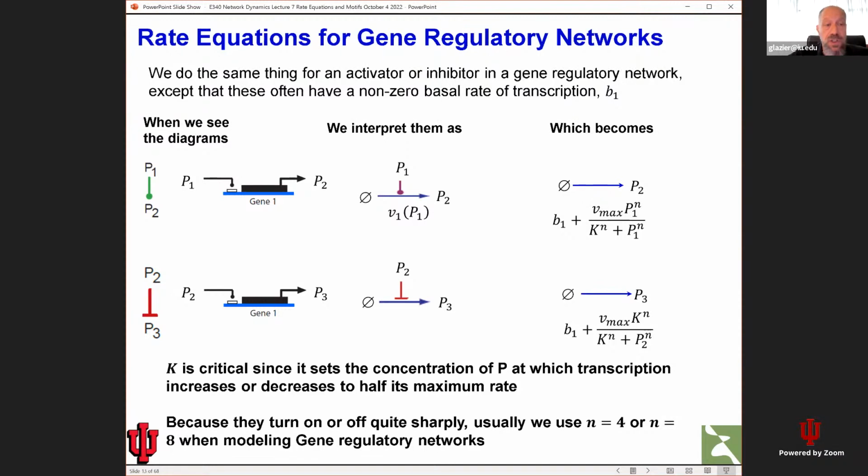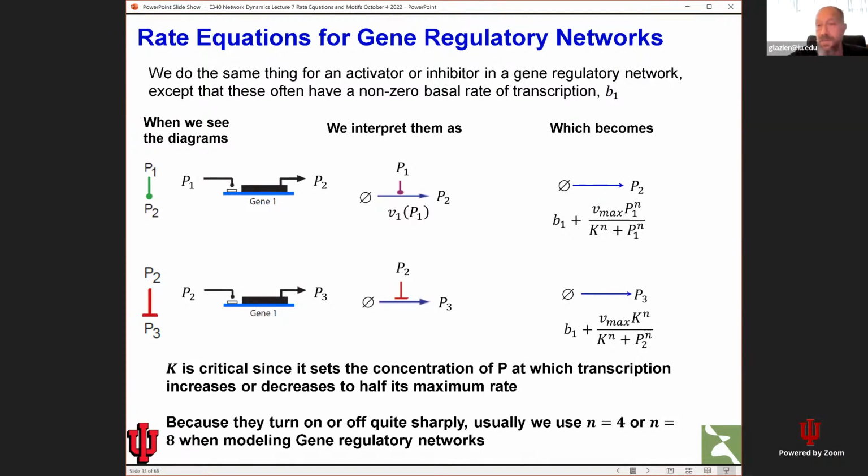So there are multiple stages of biology going on here through the central dogma of biology. But again, our bottom line is that we interpret P1 activates P2 as nothing goes to P2. And here I've included explicitly a basal rate of transcription and translation. Even if there's no P1, we still expect to get a little bit of the gene produced.